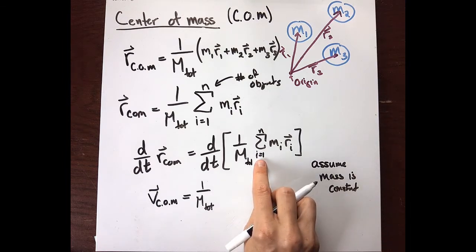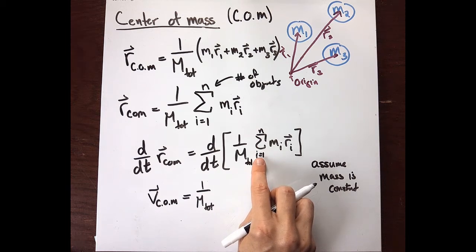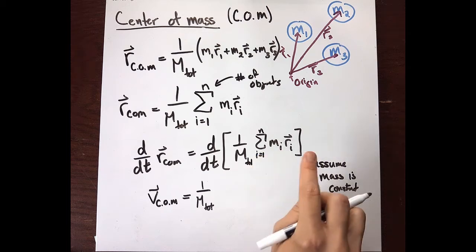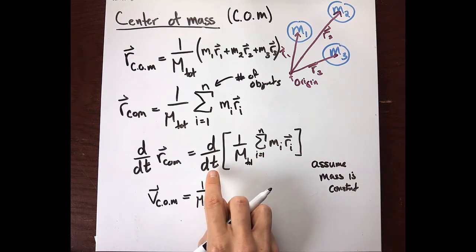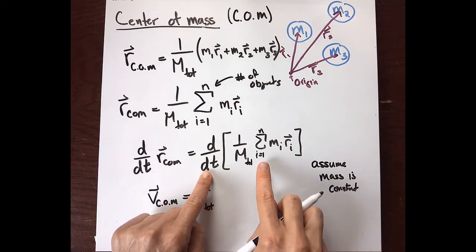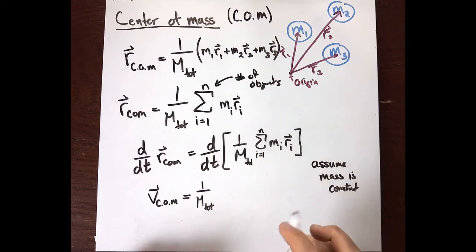And then here we can actually move the time derivative inside this sum. And that's okay to do because we are summing over the number of objects, but we're taking the derivative with respect to something different. We're taking the derivative with respect to time. So as long as this is a sum and that's a derivative of different things, you can move the derivative inside the sum.